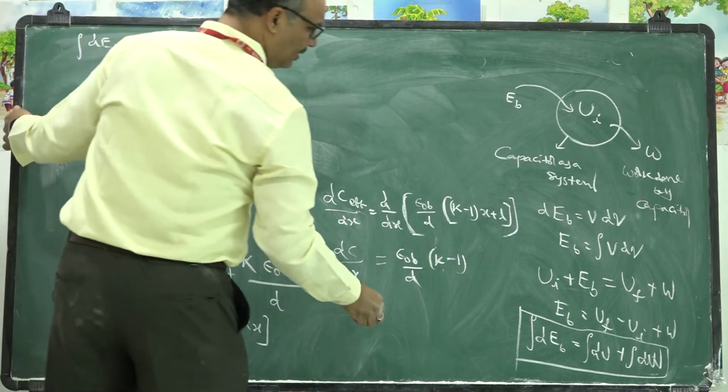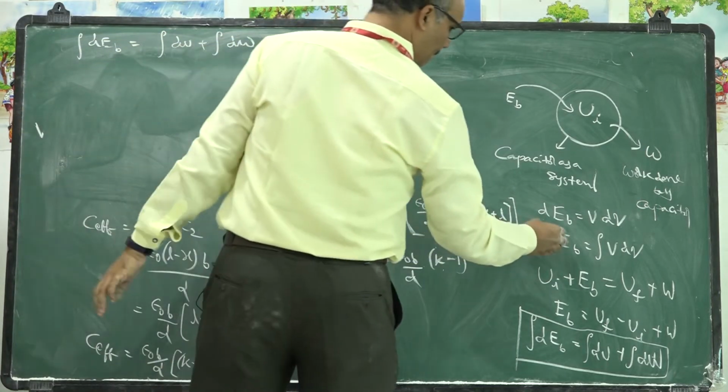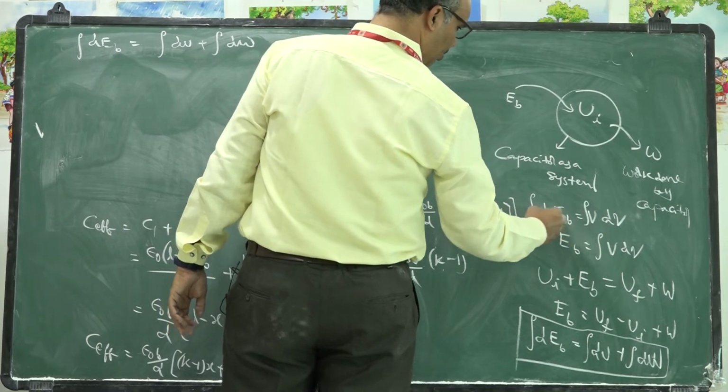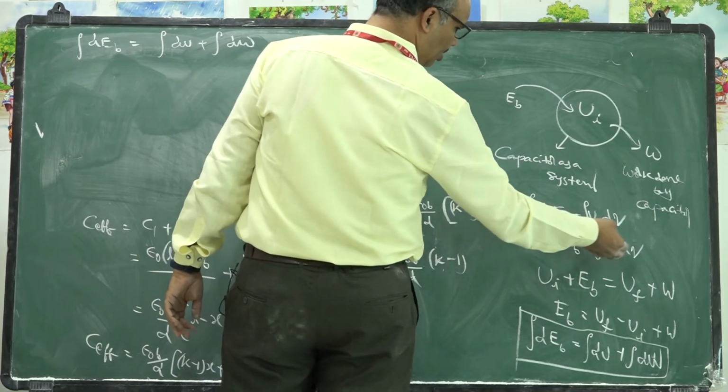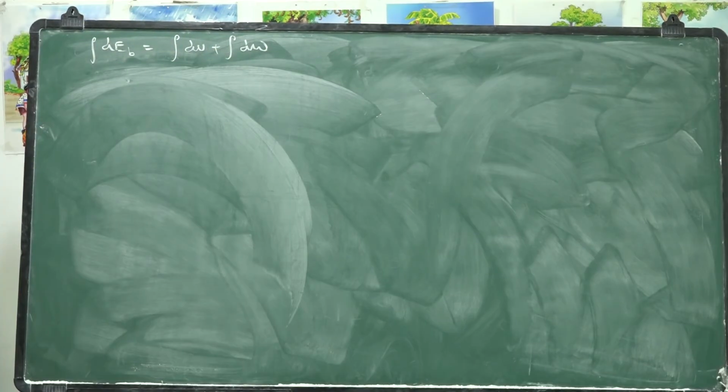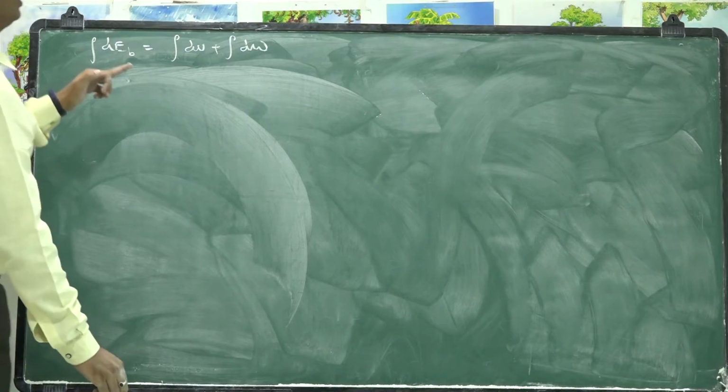If I take the integral on both sides, integral dEB is nothing but EB, that is equal to V dQ.